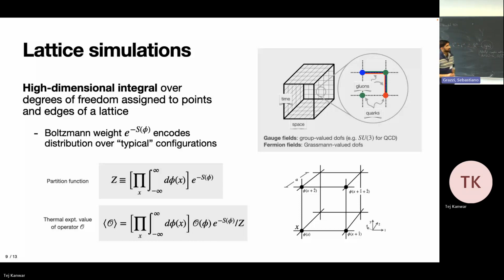So if you glance back over to this side, the relevant piece of this puzzle, which encodes the actual physics, is this so-called Boltzmann weight, which generically we can write as e to the minus some real valued function of the field. And in quantum field theory parlance, this is usually called an action.